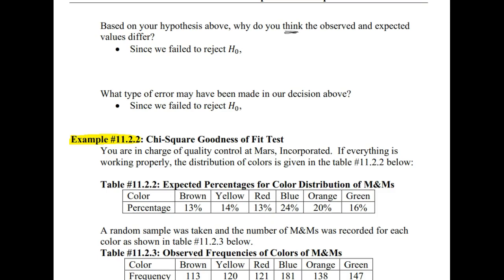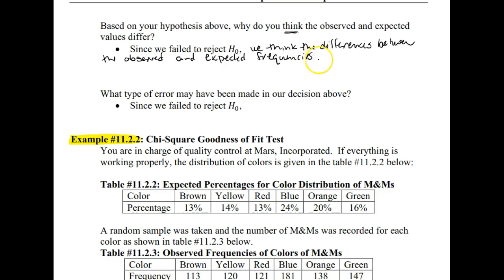So in this case, if we go back, we failed to reject H0, which means that we think the differences between the observed and expected frequencies are small enough to be just due to random sample fluctuations.